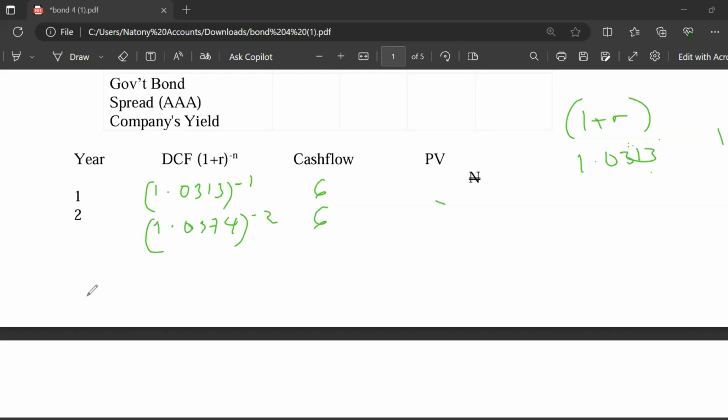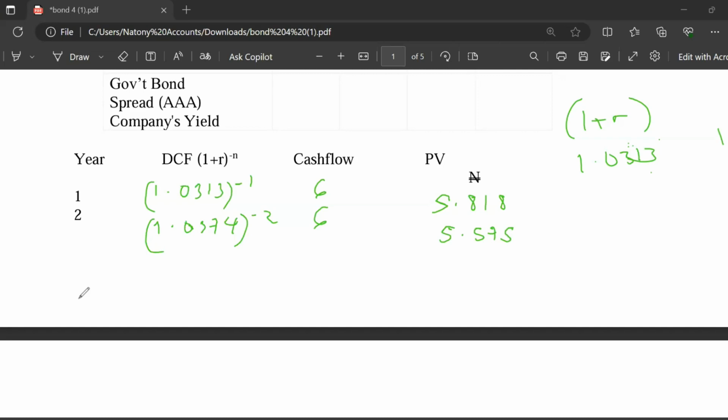And the PV here will be, use your calculator, 1.0313 raised to power minus 1 times 6 will give you 5.818. For the second year, it will give you 5.575.